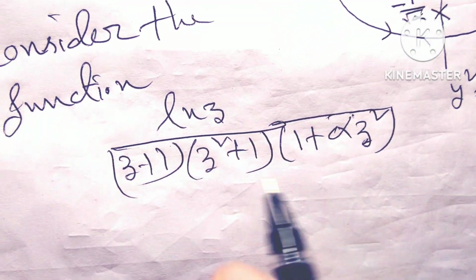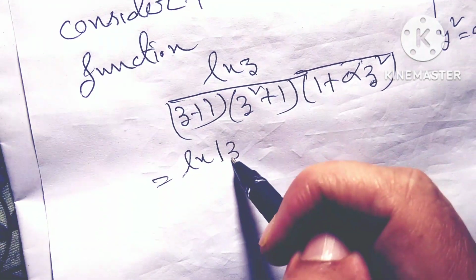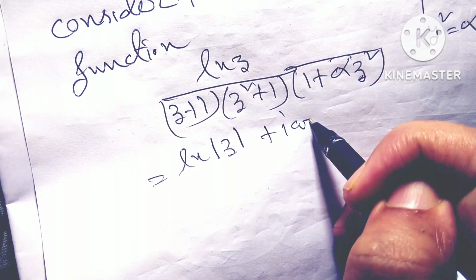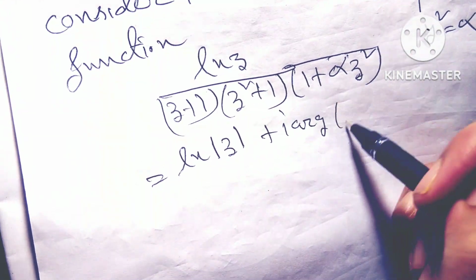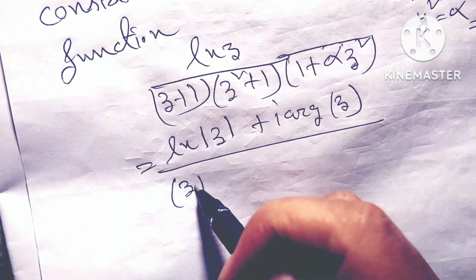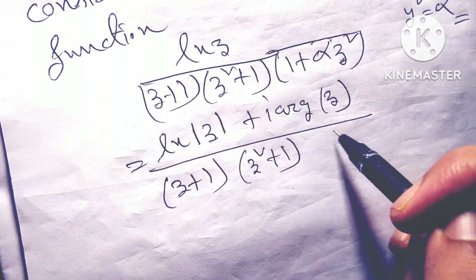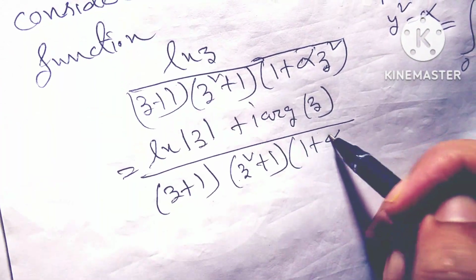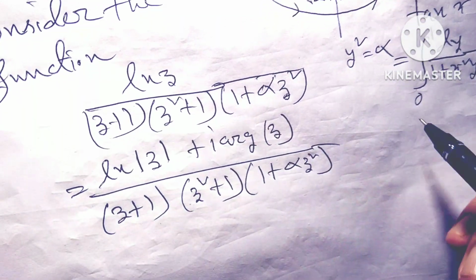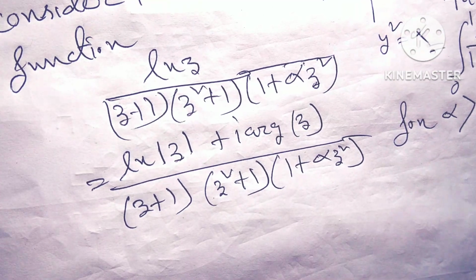It can be written as ln mod z plus i argument of z, divided by (z plus 1)(z square plus 1 plus alpha z square), for all alpha greater than 0.